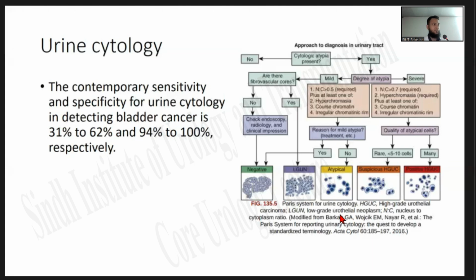Okay, in this you should also tell, just for general knowledge, how we send a sample for the urine cytology. So approximately we send approximately 25 ml urine, and not early morning urine, for the urine cytology.